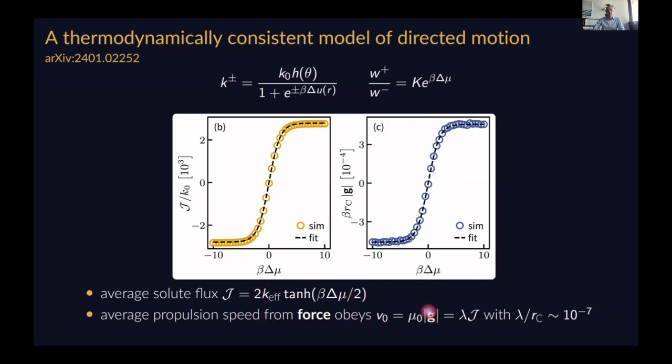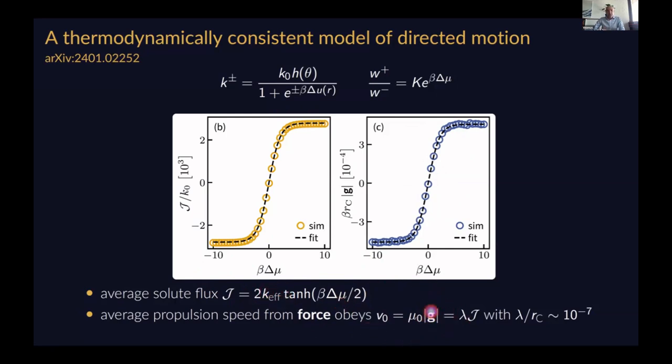So we have now an expression for the propulsion speed. It is just the mobility of the colloidal particle times the magnitude of the force. And from explicit calculations, you easily find that the solute flux is sort of a tension. You see that this is obeyed very well. There is a prefactor and attempt rate, and we have explicit expressions for this.